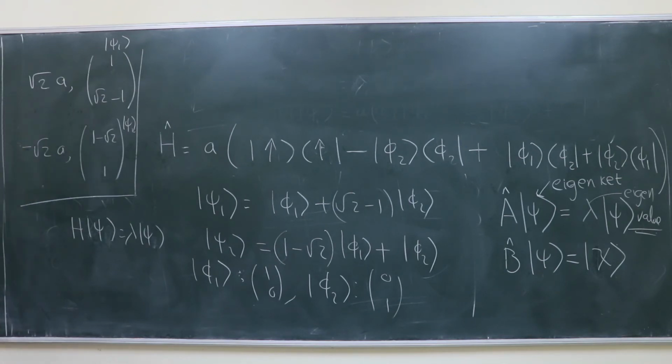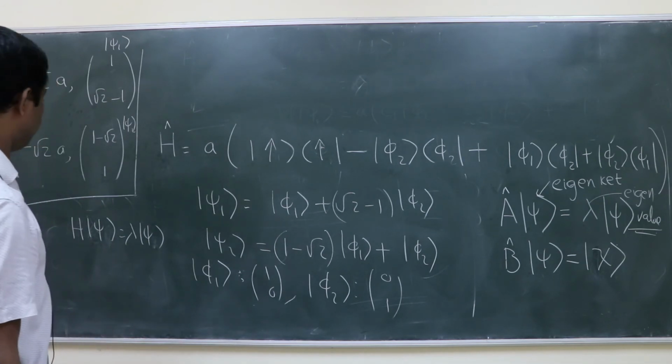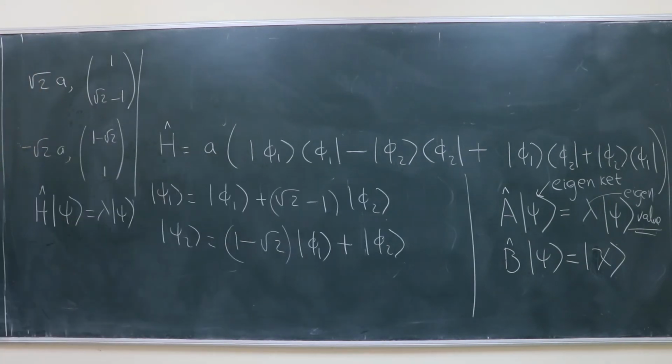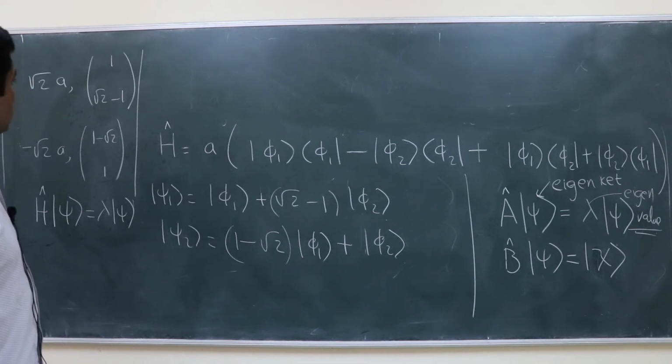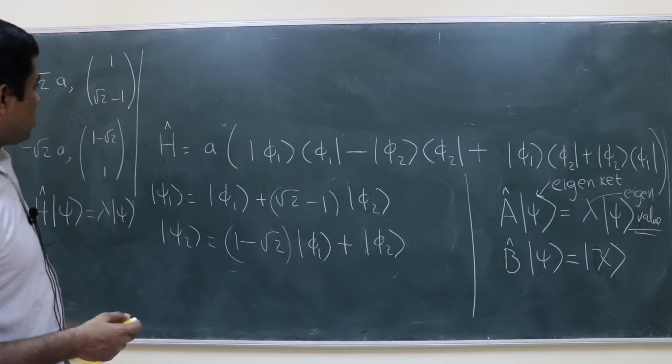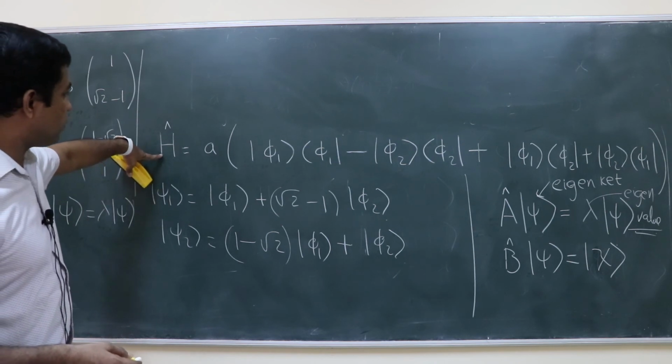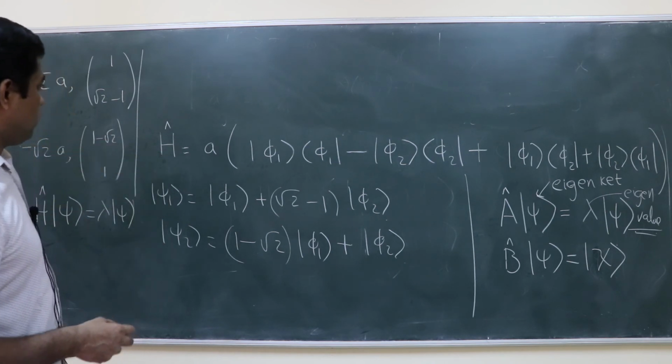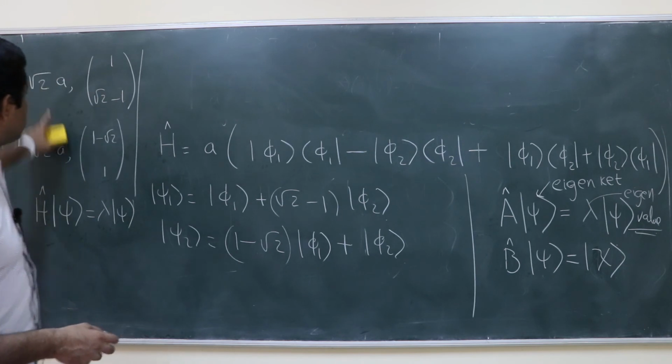Does anybody have any idea how to do that? So I have to find the eigenvectors for this H, with the knowledge that the eigenvalues are root 2a.